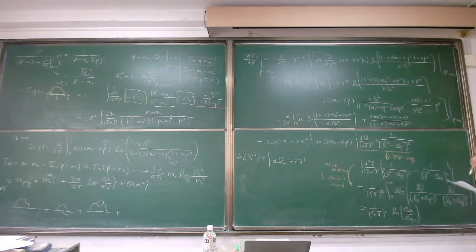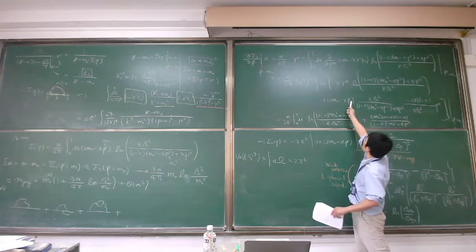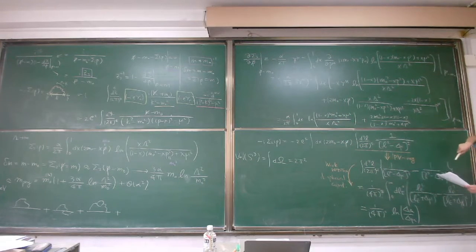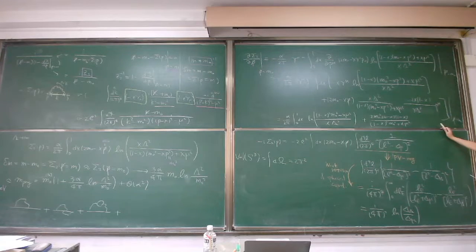And then, what am I doing here? Yeah, there's an overall factor, m0 square, will appear here. And then we need to multiply gamma mu square here. This will give you, let me think, just a moment.